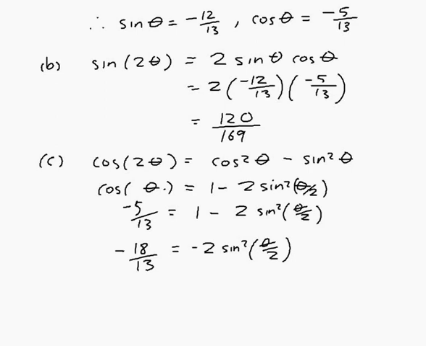And I can divide both sides by 2, so that would be minus 9 on 13 is equal to minus sine squared theta on 2. Oh, and I don't really need those minus signs, do I? I could just divide by minus 2, so that's good. And so, starting a new page, I've got sine squared theta on 2 is equal to 9 on 13.